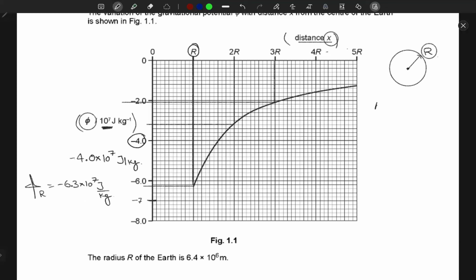Because at the surface, we are talking about when the distance is just equal to r, on this horizontal axis I look for this r, then go down vertically to where this meets the curve, then go horizontally towards the potential axis and read off this value, because this value is the potential. So we're just reading the value off the graph, right?